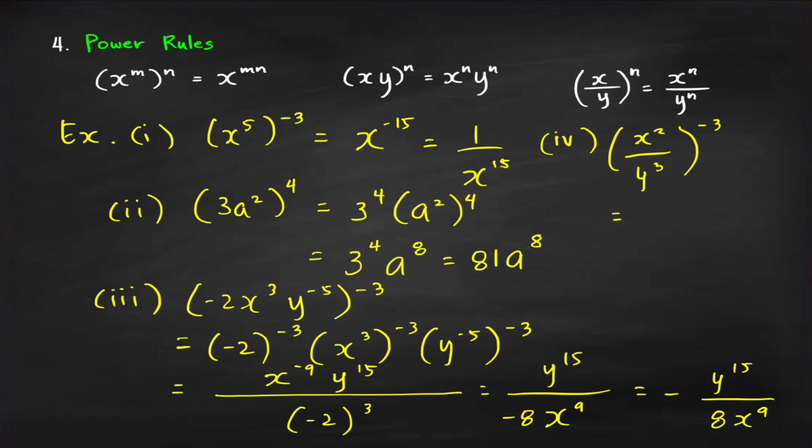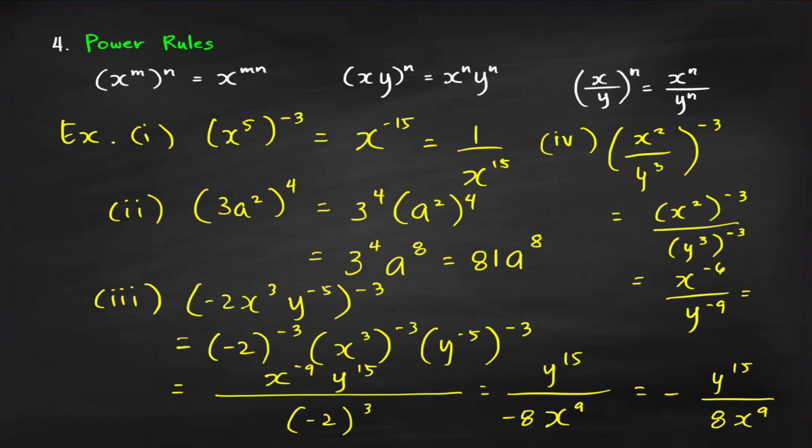By this third rule, we can raise the numerator and denominator to the power negative 3. So we can get here x squared raised to negative 3 over y cubed raised to negative 3. And applying the first power rule to both the numerator and denominator, we'll get here x raised to negative 6 over y raised to negative 9.